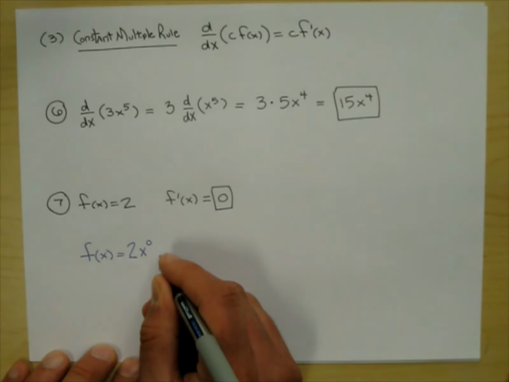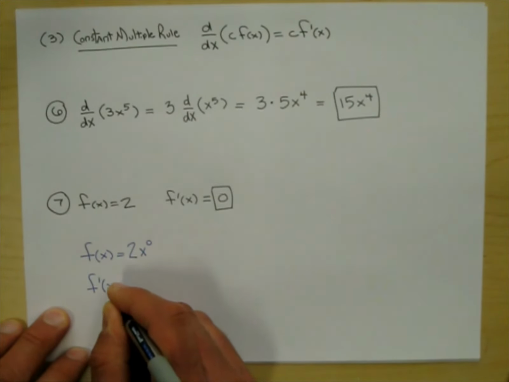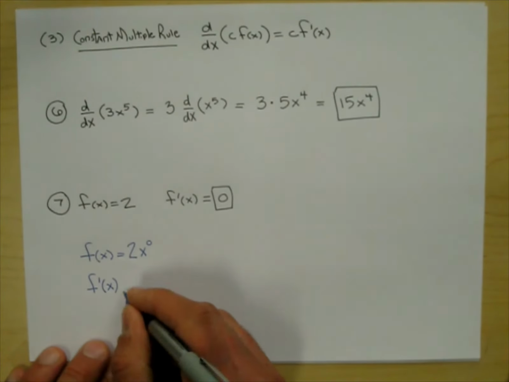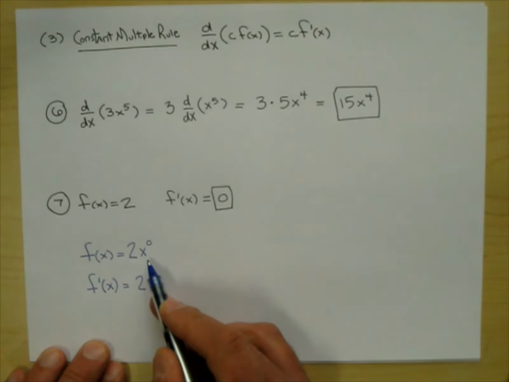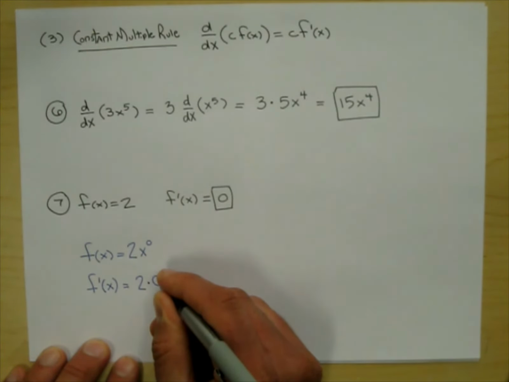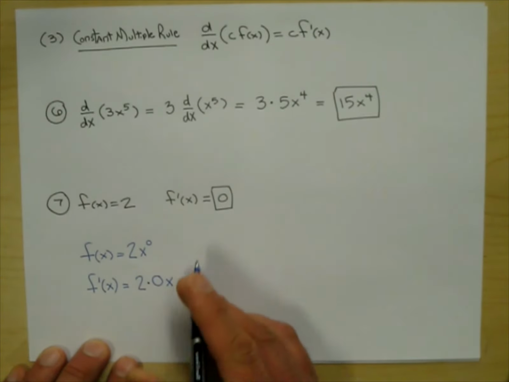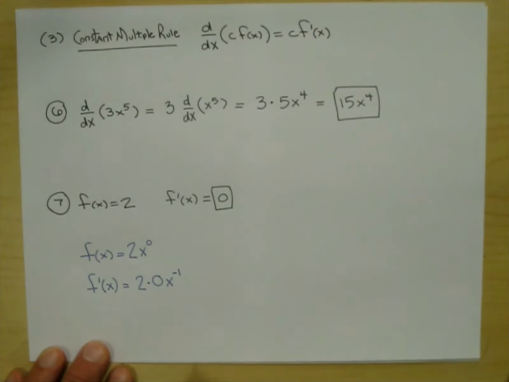So watch this. When you go to take the derivative, we have the constant multiple rule where we could just say, oh, well, the 2 is just going to be there, and then we'll take the derivative of x to the 0. We've never done anything like this. The 0 jumps down. X to the 0 minus 1, so this is negative 1.